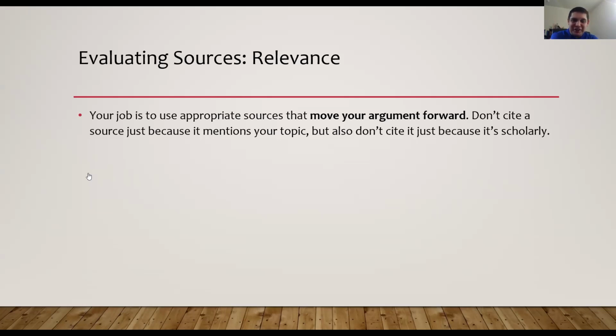That depends on the context and the professor. And the temptation is going to be to find easy sources, find stuff that mentions your topic in the title, or find something where you already agree with the source. You can just say, there, I have a source.